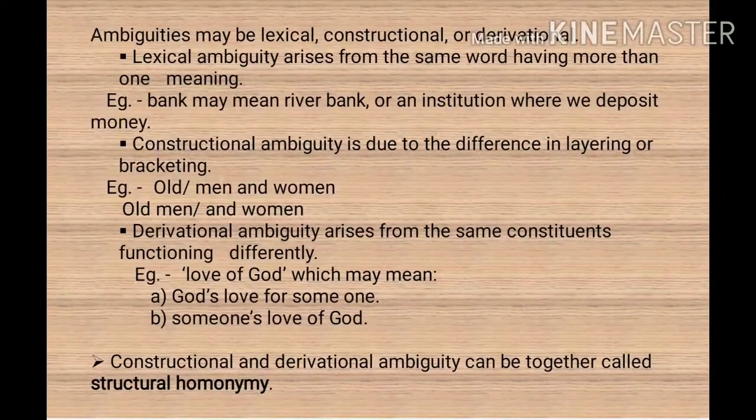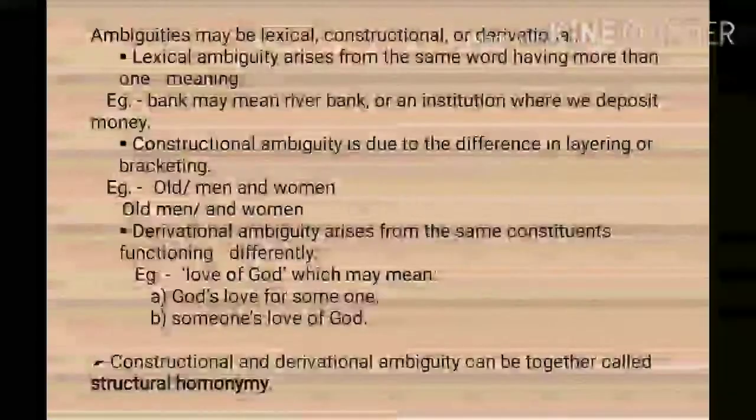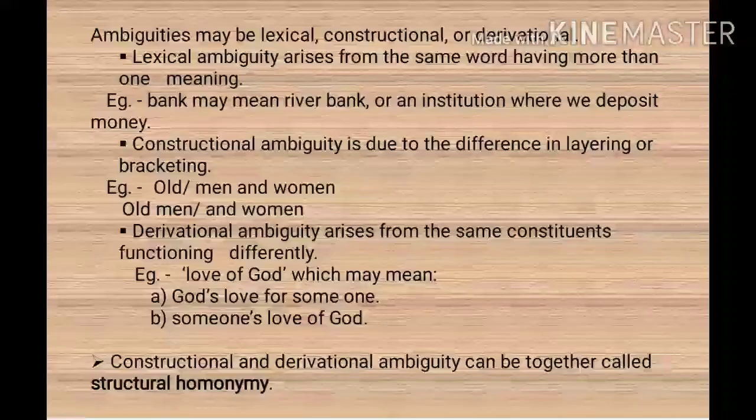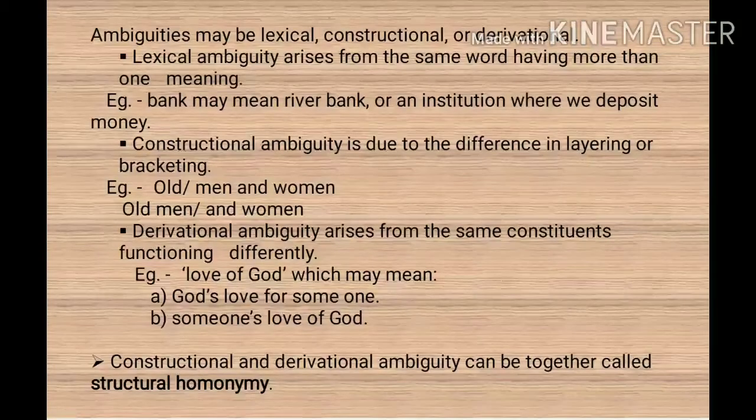Ambiguities may be lexical, constructional or derivational. Lexical ambiguity arises from the same word having more than one meaning. Example, bank may mean river bank or an institution where we deposit money. Second, constructional ambiguity is due to the difference in layering or bracketing. Example, old men and women.